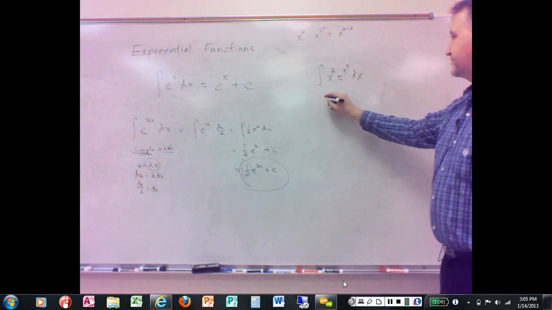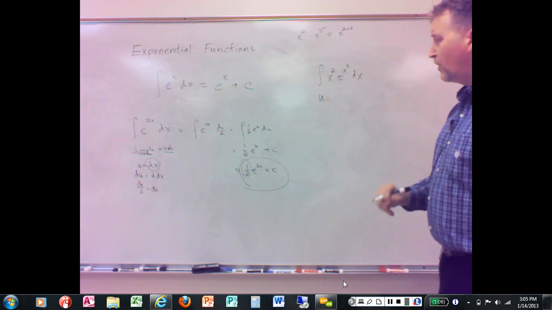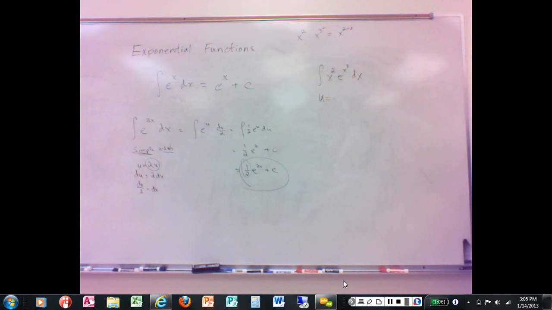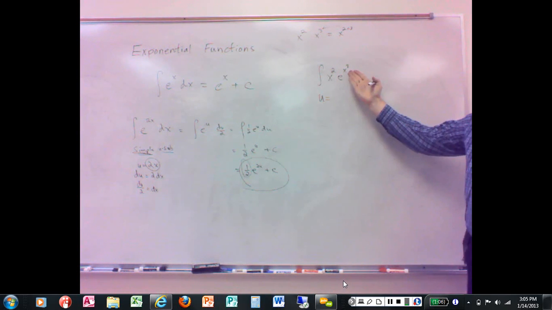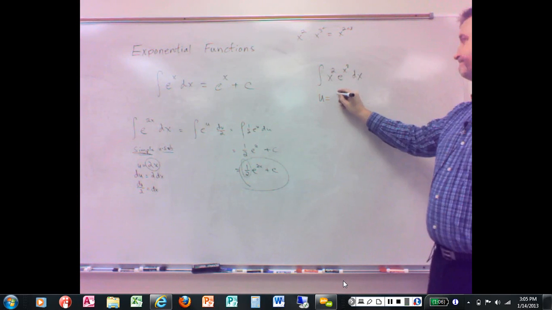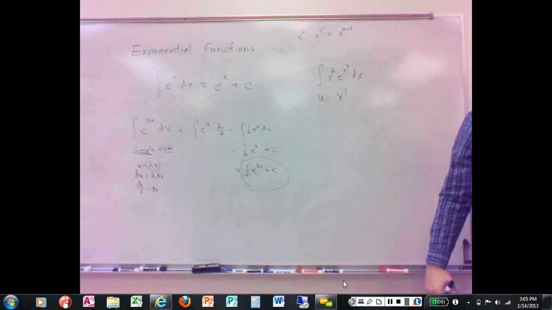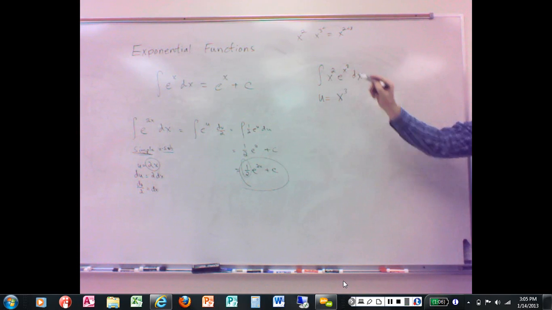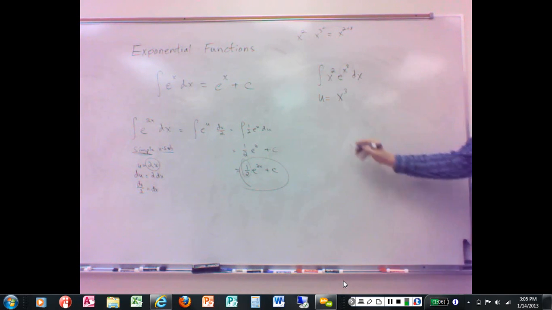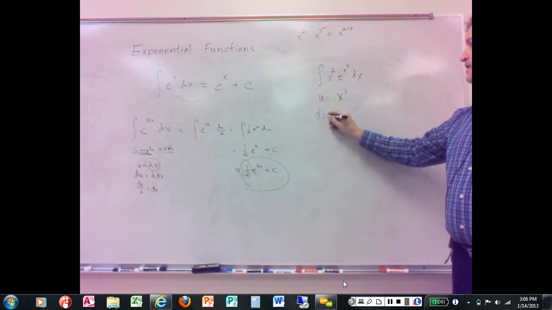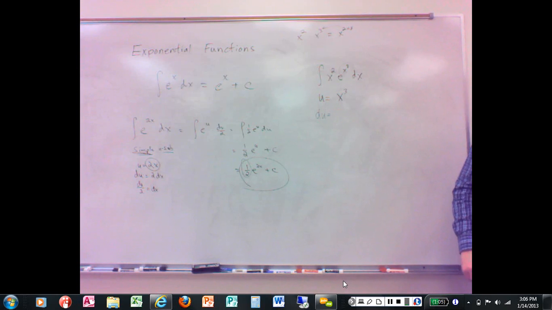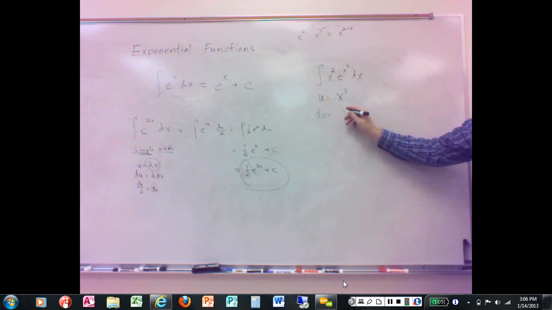Try a little u substitution. What do you think we might get the u to be? Probably the power, the x cubed. U is going to be the x cubed, the power of the e. That would make du be 3x squared dx, because the derivative of x cubed is 3x squared.